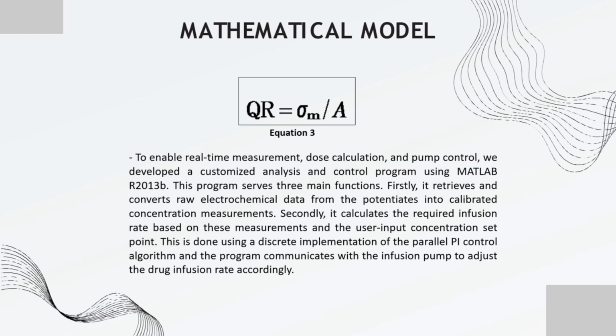Secondly, it calculates the required infusion rate based on this measurement and the user-input concentration set point. This is done using a discrete implementation of the parallel PI control algorithm, and the program communicates with the infusion pump to adjust the drug infusion rate accordingly.